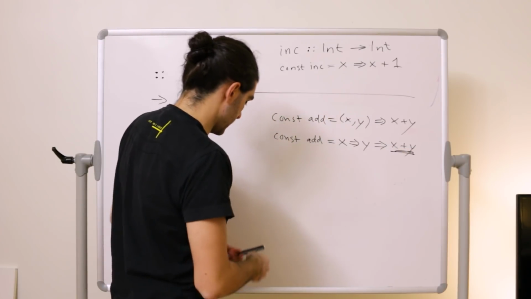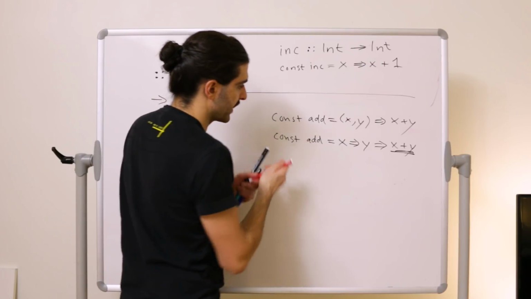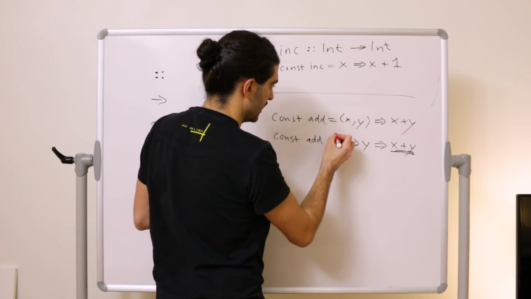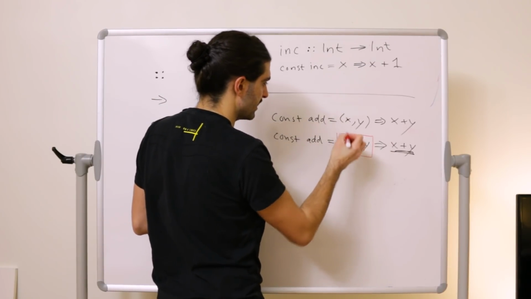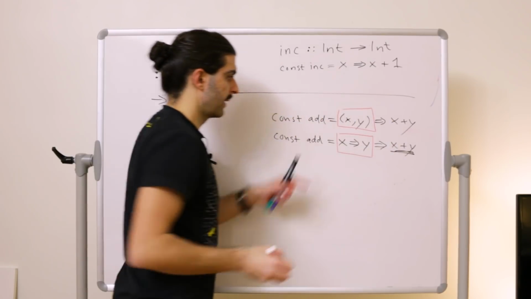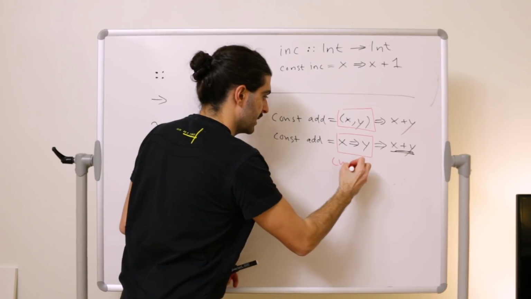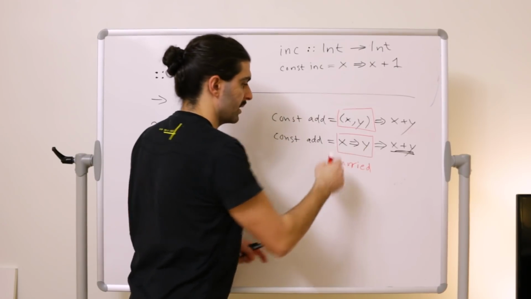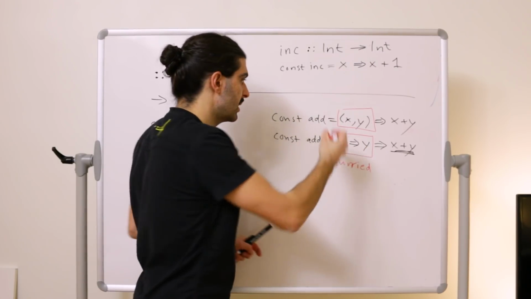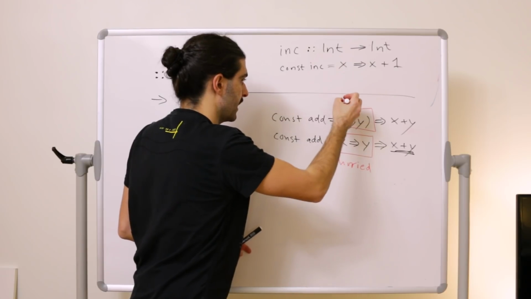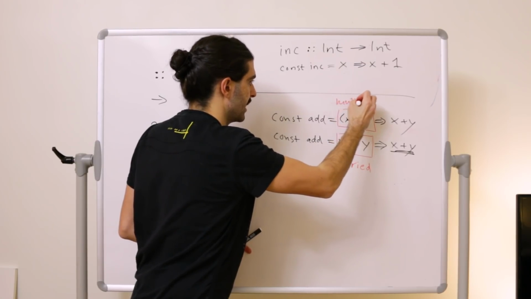So the difference is really here, right? This versus this. Those are the two things you should compare. This is curried, which allows for partial application, and this is, let's say, multi-arity.